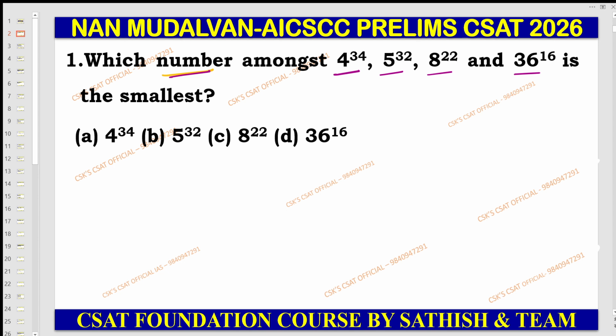Either they will ask you to find the smallest, or the greatest, or to arrange them in ascending or increasing order, or in decreasing or descending order. All these are possible in this kind of format.